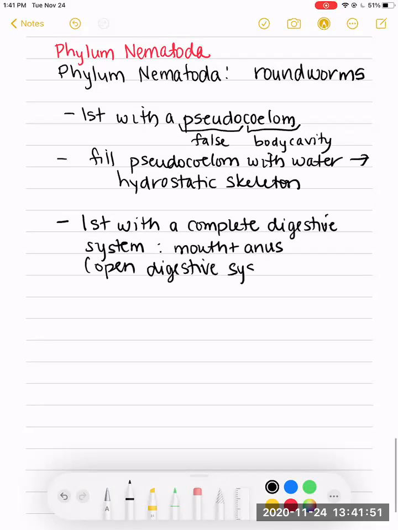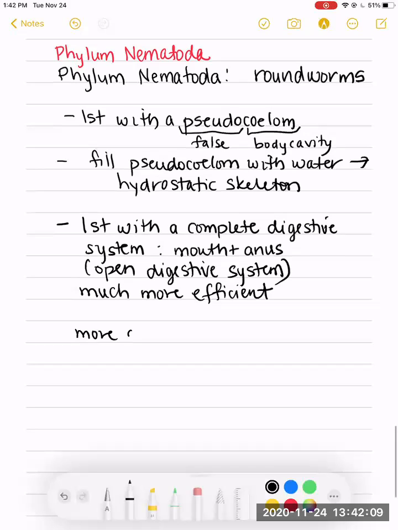Huge advantage, as I mentioned before, much more efficient in terms of delivering nutrients to the tissues. They do have 3 tissue layers. They are starting to develop more complex organs, but we're not really going to get the most complex organs until we get to the organisms with a true body cavity.